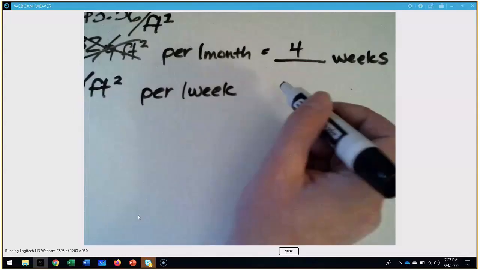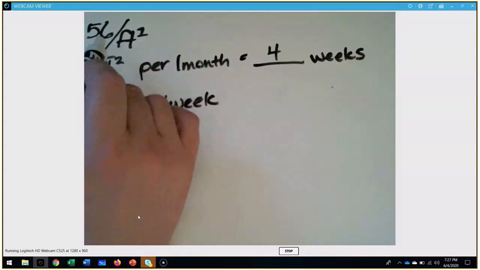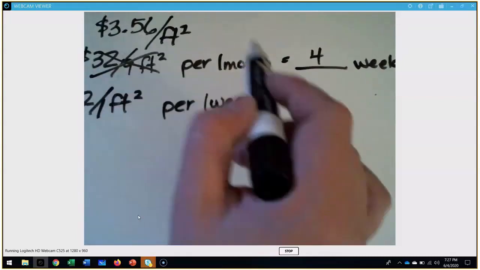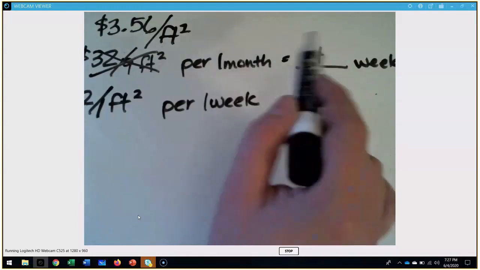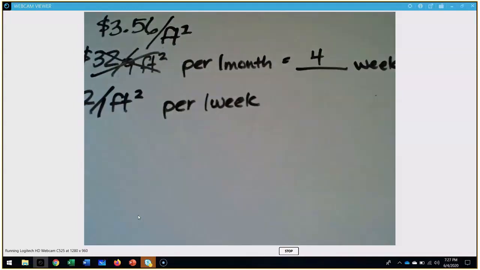All right, so that means, let's go back one more time. We got $3.56 per square foot per 4 weeks. We need this to be 1, so we've got to divide it. So it's going to be $3.56 divided by 4.